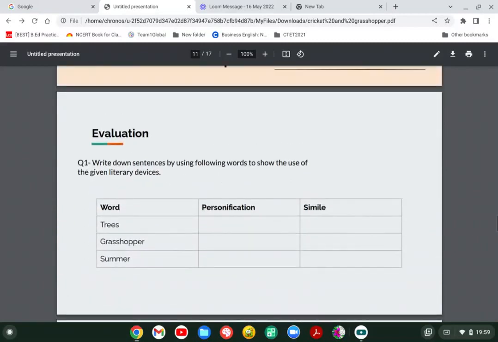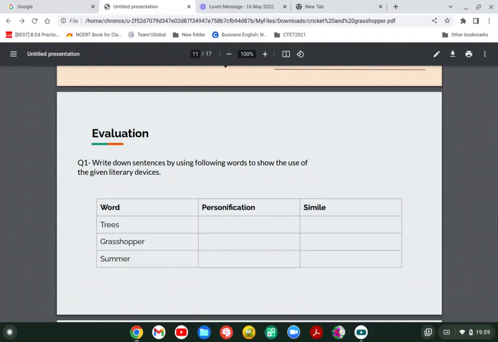Okay. Yes. Plus now there is something that you will find very intriguing. What you have to do is use this word and then personify it. Like trees. For example, trees are running, trees are singing, trees are dancing.